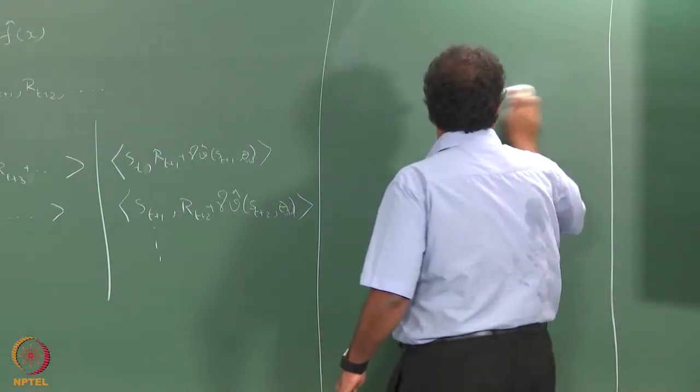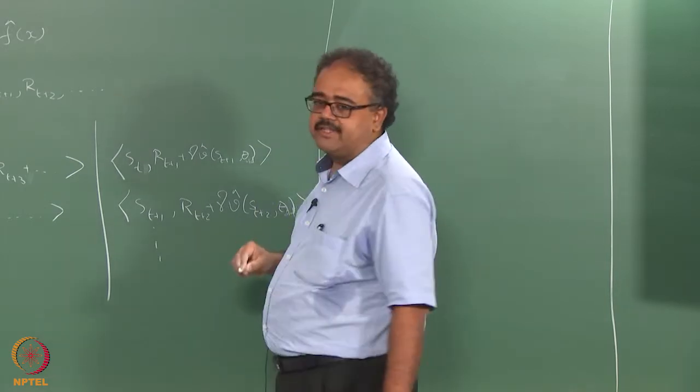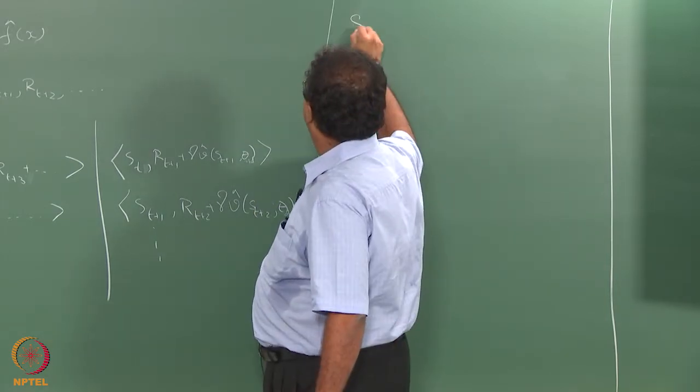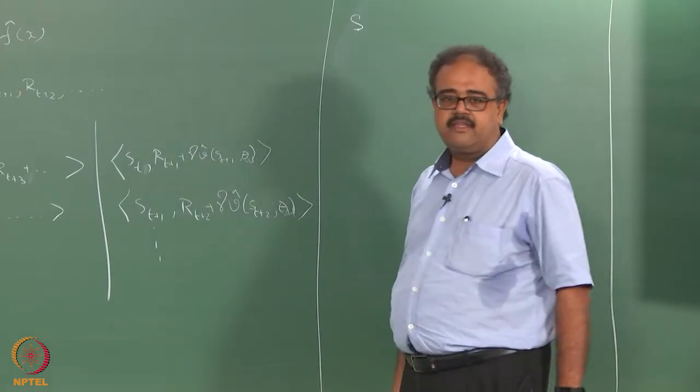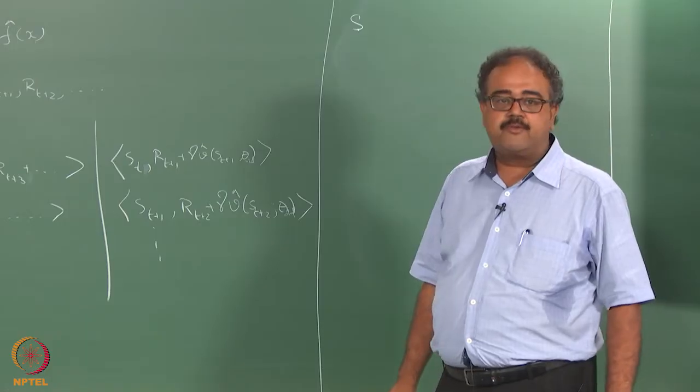So, let us get that out of the way and talk about linear parameterization. I am going to assume that some state S is going to be represented by a set of attributes or features.